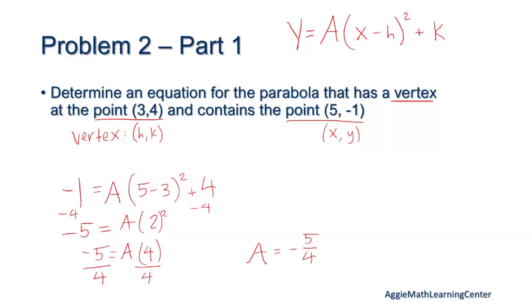Okay, now that we found that unknown, then we can just write the equation in general. So yes, it contains that point, but we want the equation for any point. So we're going to do this exact same thing, but leave out x and y and keep those as x and y. So we've got y equals -5/4 times (x minus 3) squared plus 4.